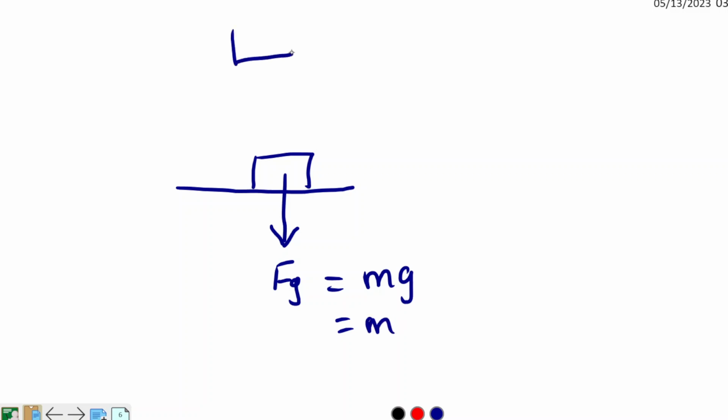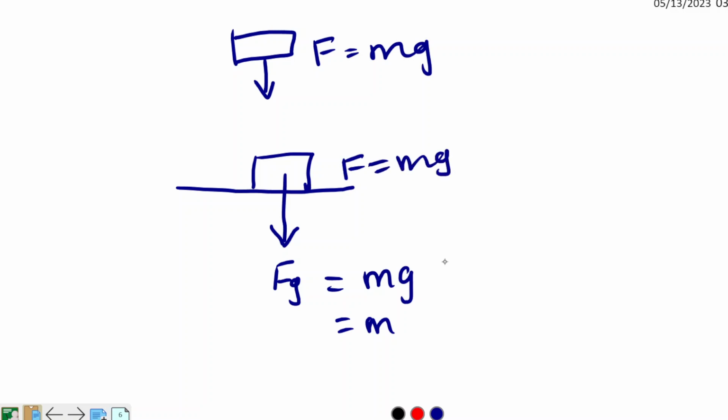Even if this object was falling from that position, this force would be mg. Even if it hits the ground, the force would be mg throughout the falling of the object.